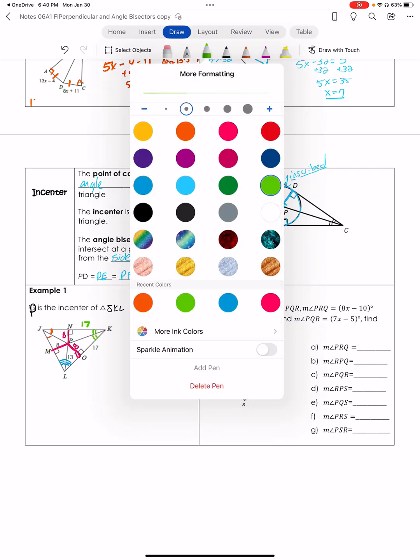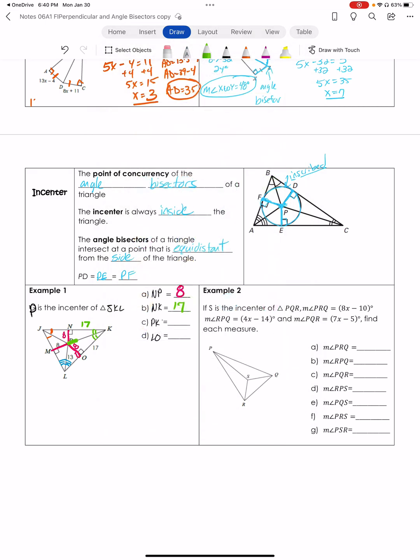PK, which is this long guy right here, well, I can do Pythagorean theorem. I know that 8 squared plus 17 squared is equal to PK squared. Like squared plus like squared is equal to hypotenuse squared. So 8 squared is 64 plus 289 is equal to PK squared.